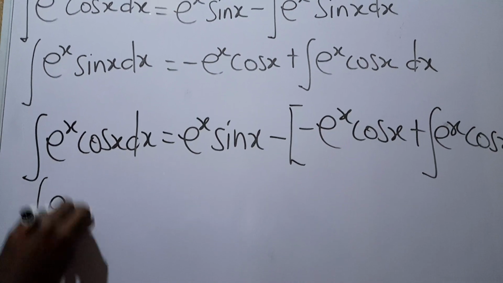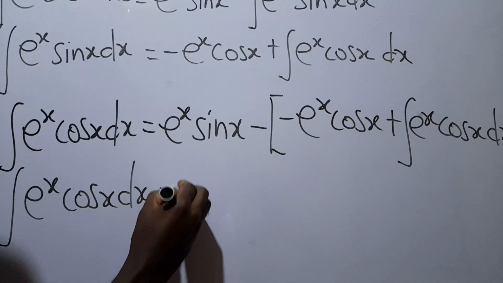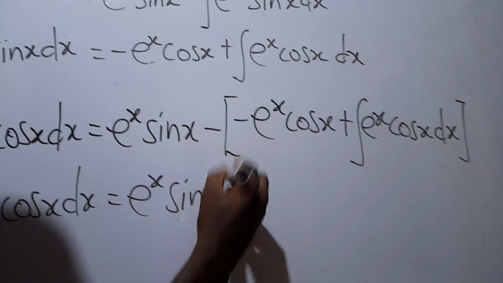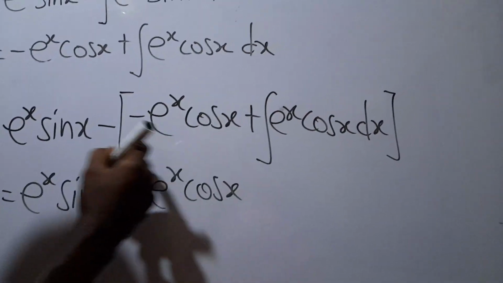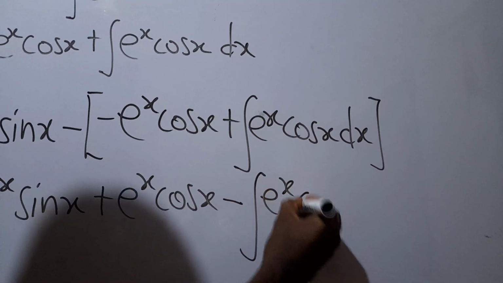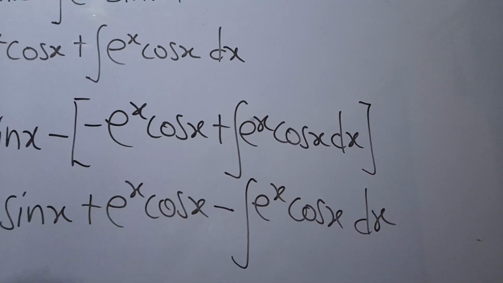We have the integral of e^s cos s ds will be equal to e^s sin s. Then this times this will be plus e^s cos s. Then this times this will be minus e^s times the integral of e^s cos s ds.